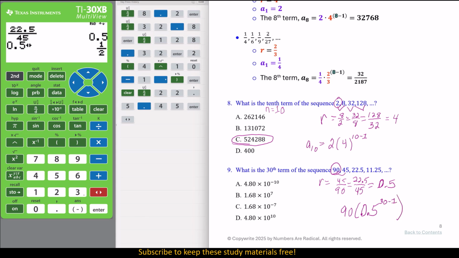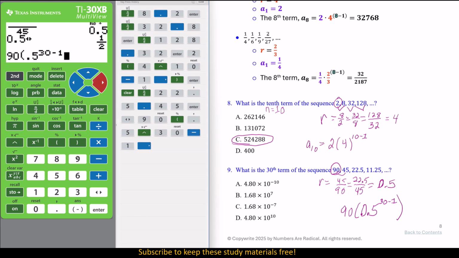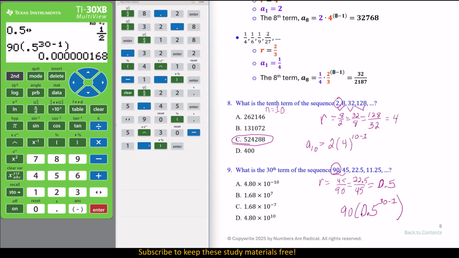I'm writing it this way so you see that you cannot multiply the 90 times the half, okay? If you do that, that's a huge error. You will not get what you need. That being said, we have 90 parentheses, 0.5 caret up, then I have 30 minus 1, arrow over, close my parentheses, push enter.